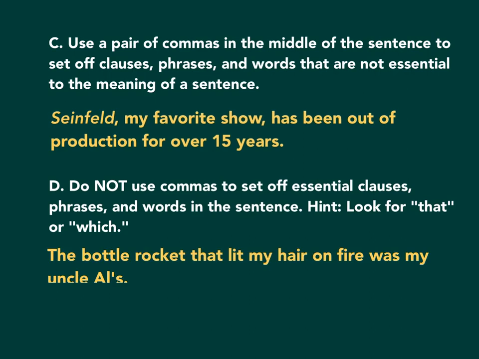The bottle rocket that lit my hair on fire was my Uncle Al's. Okay, so the sentence might be grammatically complete without the phrase that lit my hair on fire. However, it lacks some essential meaning if we take out that phrase, so we will not put commas around that. That would be an incorrect place to put commas.